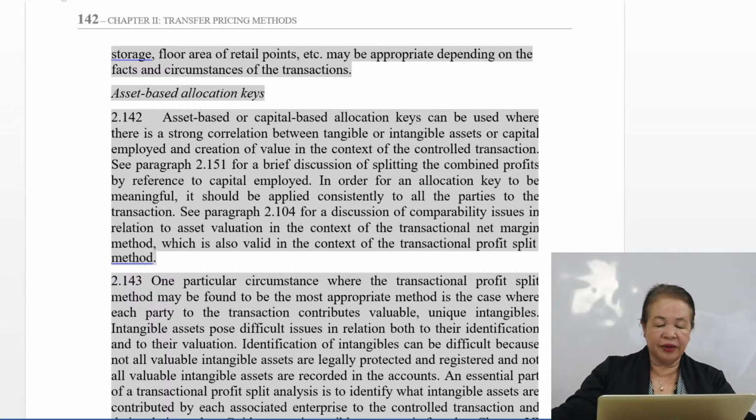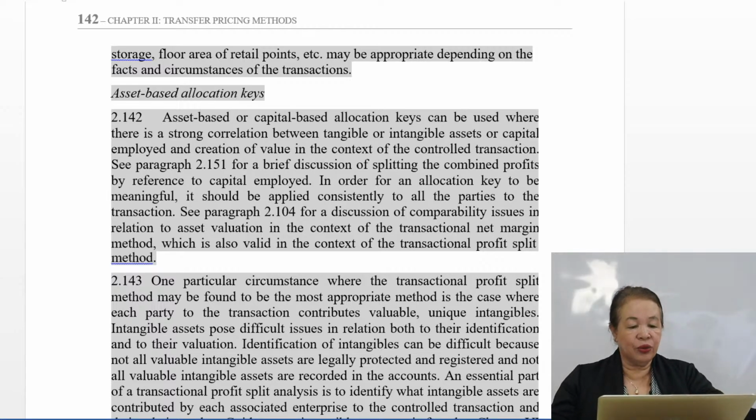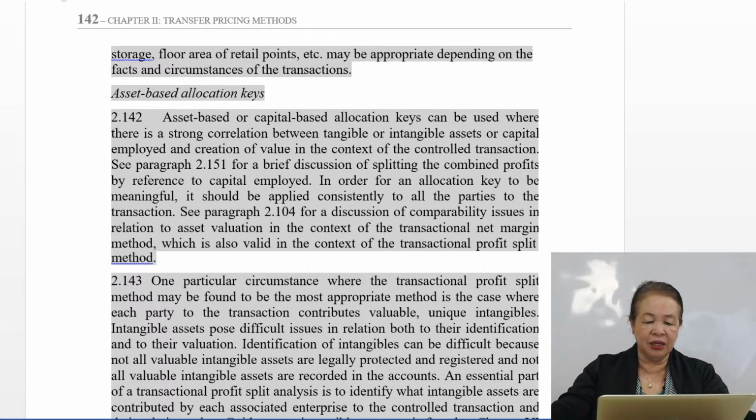So, see paragraph 2.151 for a brief discussion of splitting the combined profits by reference to capital employed, no? Kasi siyempre, pag malaki yung capital mo, malaki yung ginagamit mo sa operation, dapat lang din malaki yung share mo sa profit, no? So in order for an allocation key to be meaningful, it should be applied consistently to all the parties to the transaction, no?